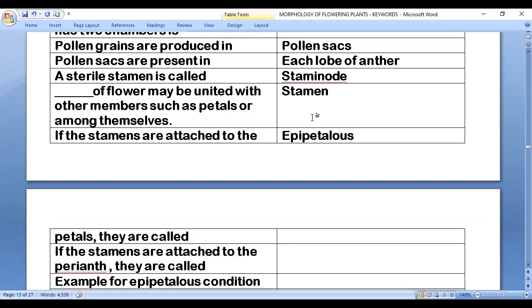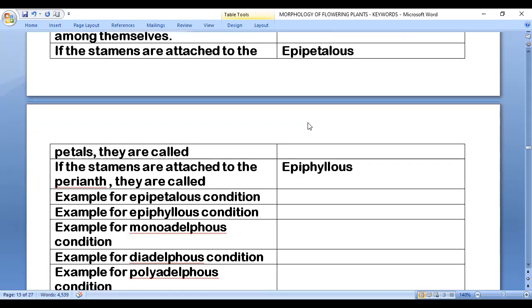If the stamens are attached to the perianth, they are called epiphyllous. Example for epipetalous condition, brinjal. Example for epiphyllous condition, flowers of lily.